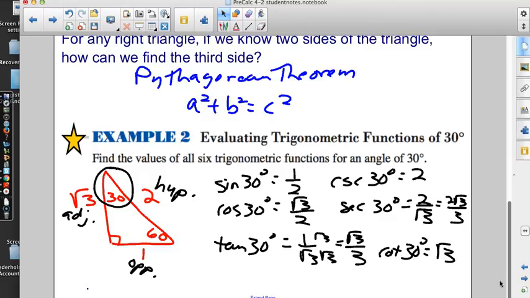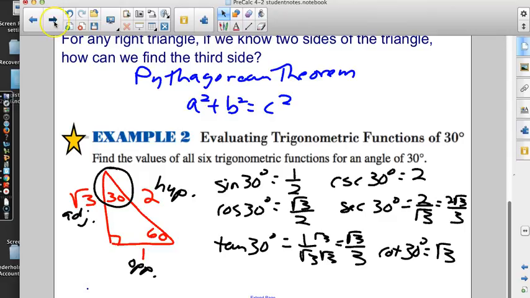Aren't these the same numbers? 1/2, square root of 3 over 2, square root of 3 over 3, 2 square roots of 3 over 3, and the square root of 3. Aren't those the same numbers we just got? Are they in the same places? They're the same numbers. And that's because it makes perfect sense. They're in the same triangle, for goodness sake. It's just you're changing your reference from which angle you're working with.